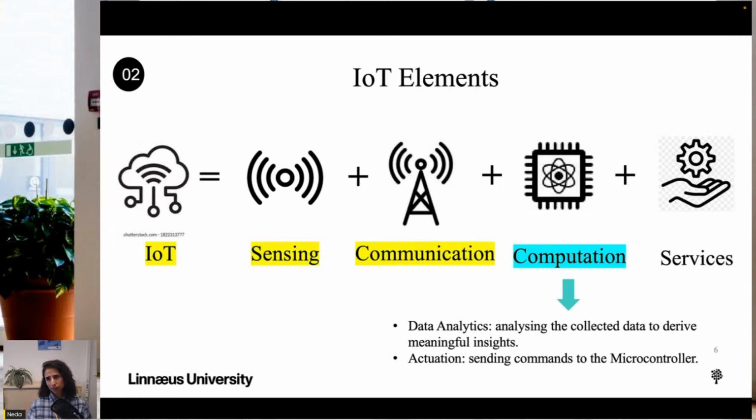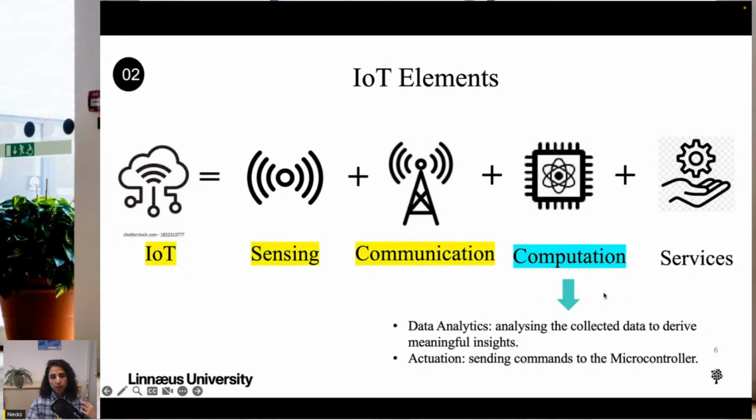And in lecture 3, we talked about communication technologies and their features, such as range, coverage, and speed. Today, we will learn about computation as another element of IoT.